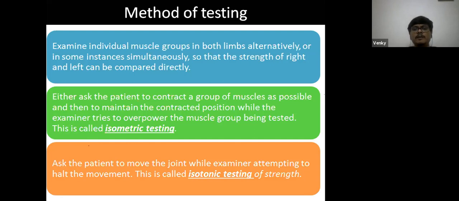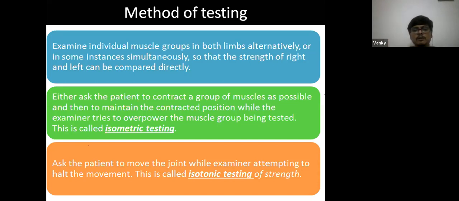Either ask the patient to contract a group of muscles as much as possible and to maintain the contracted position while the examiner tries to overpower the muscle group being tested. For example, ask the patient to flex the elbow. Now you are giving resistance to extend the elbow and ask the patient to remain in a flexed state. This is isometric testing.